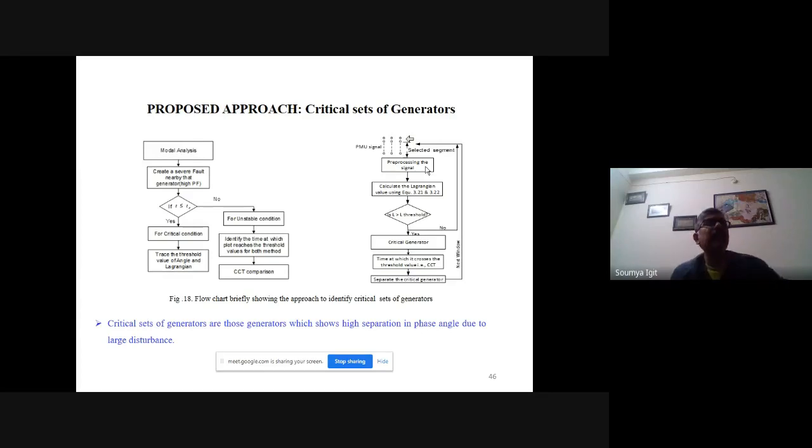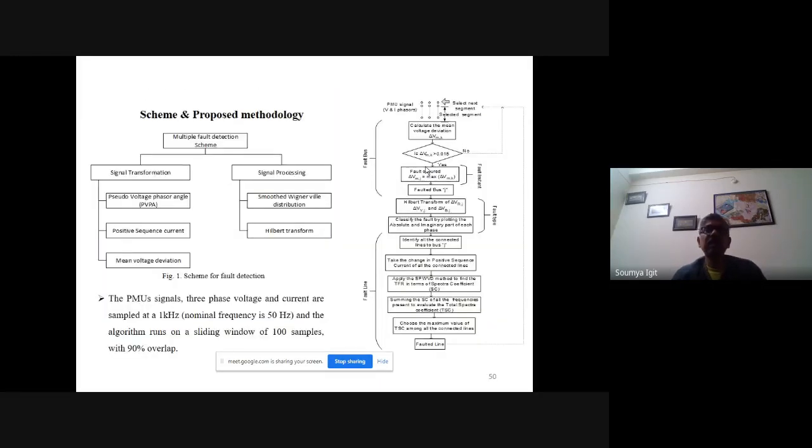Or even if a delay you take into consideration, now another with respect to the communication, dominance of the communication infrastructure, your cyber attack, when it is coming into the picture, all your limits also get violated. So that part has to be also taken into consideration when you go for the robust control design, when you go for the optimal control design, right? So this is for the PMU signal for the coherency.